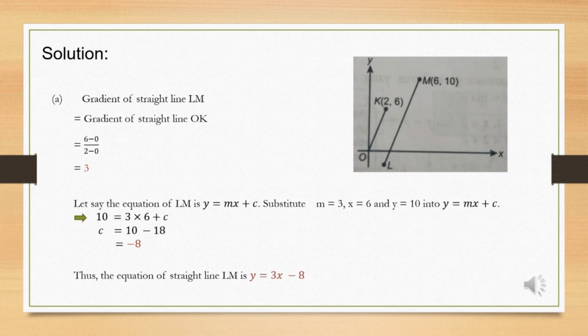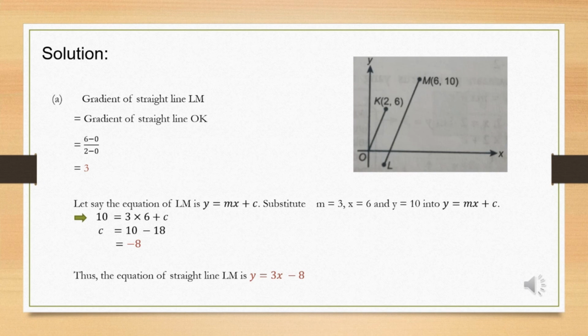After that, let's say the equation of LN is y equal to mx plus c. We have the coordinate of M, which is located at the straight line LN. We substitute m equal to 3, x equal to 6, and y equal to 10 into the equation. Then we find out that c equal to negative 8.